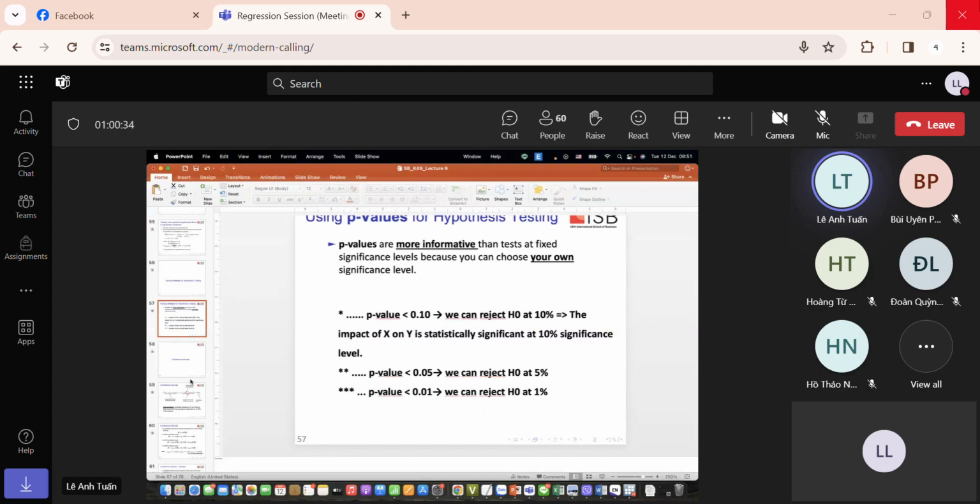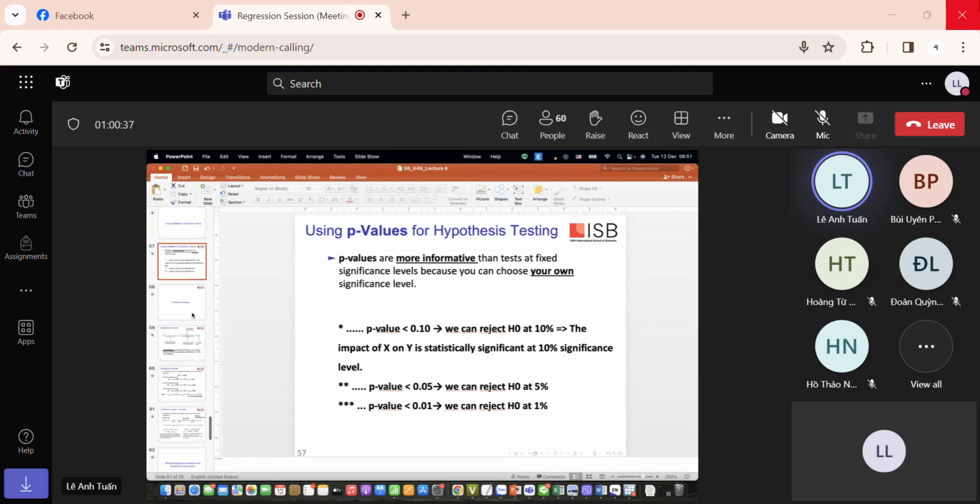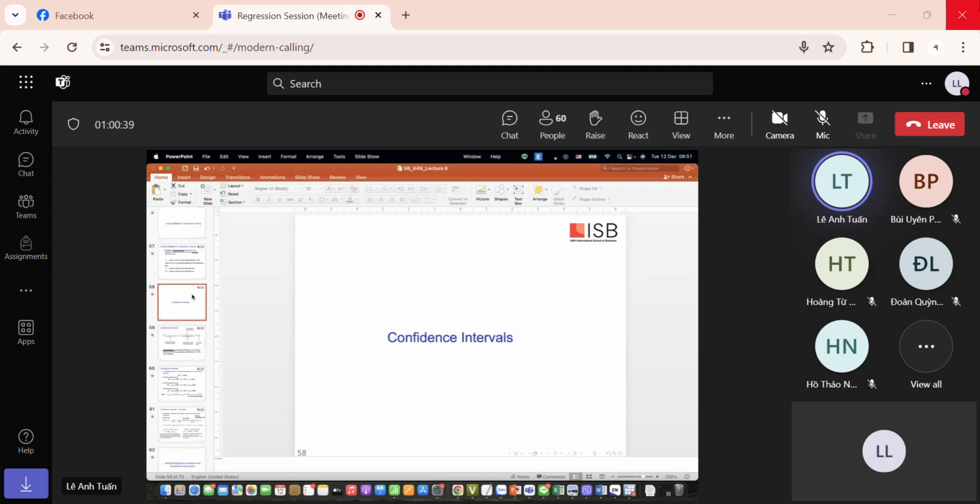After we test the hypothesis, similar to the sampling distribution, we also calculate the confidence interval.